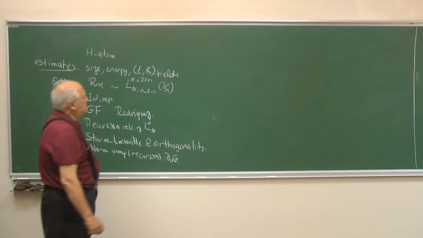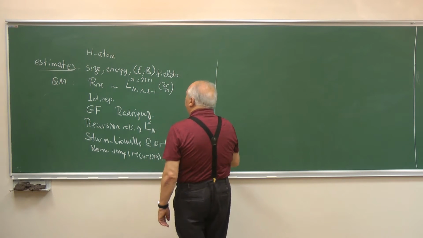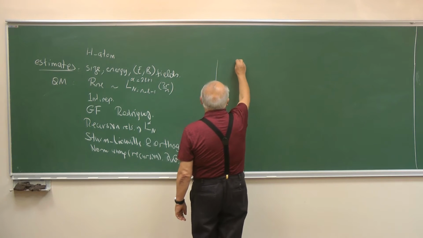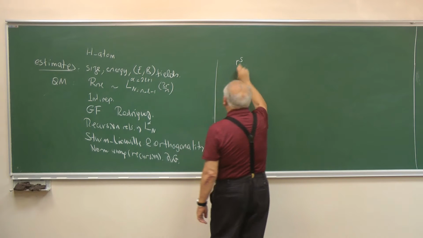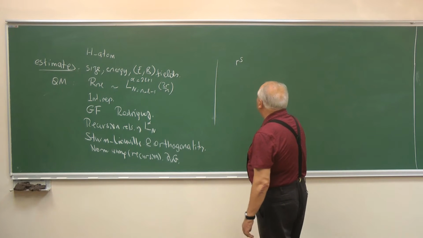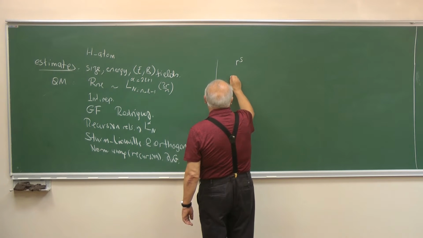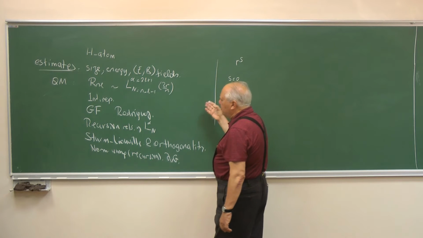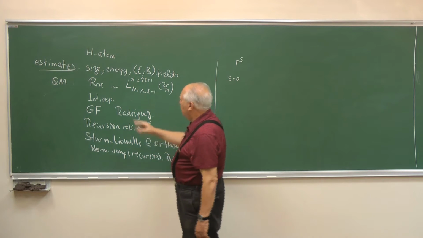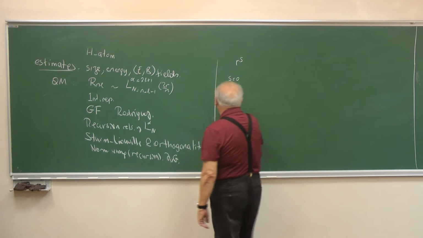Today, we shall study the expectation values of various powers of r^s. S is the integer power, and in particular, we will take s equals 0. Again, we will compute the normalization constant, which we computed earlier, but with a different method.